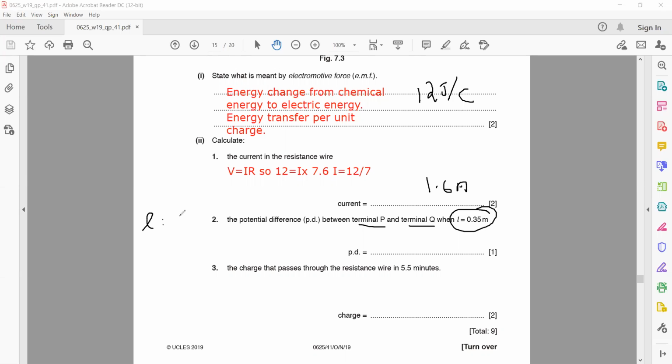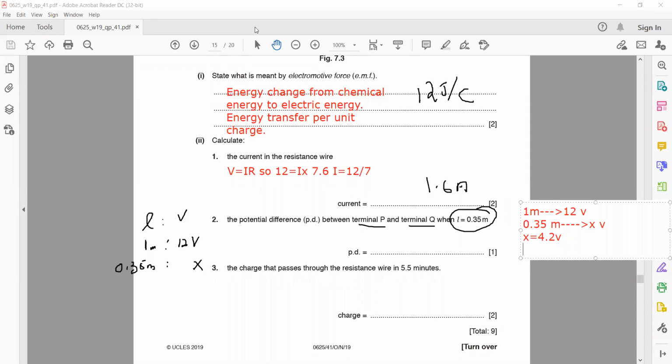The ratio between length and voltage: if the 1 meter length was there, how much voltage was it having? 12 volts. So if we have 0.35 meter length, what will be the voltage? It will be X. So you can cross multiply. So it will come out as 4.2 volts.